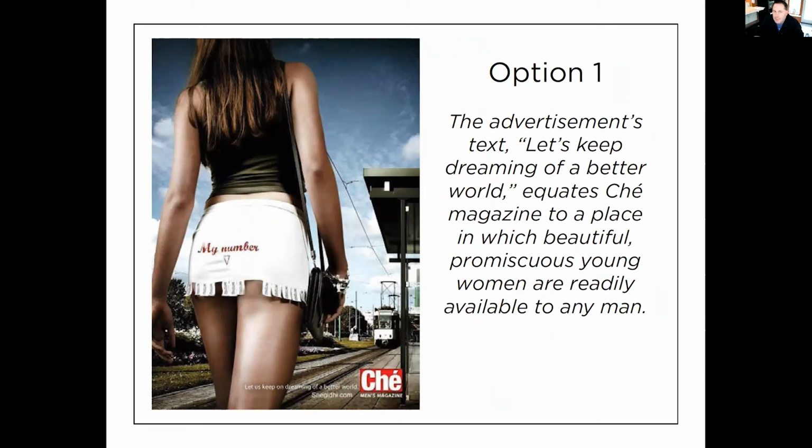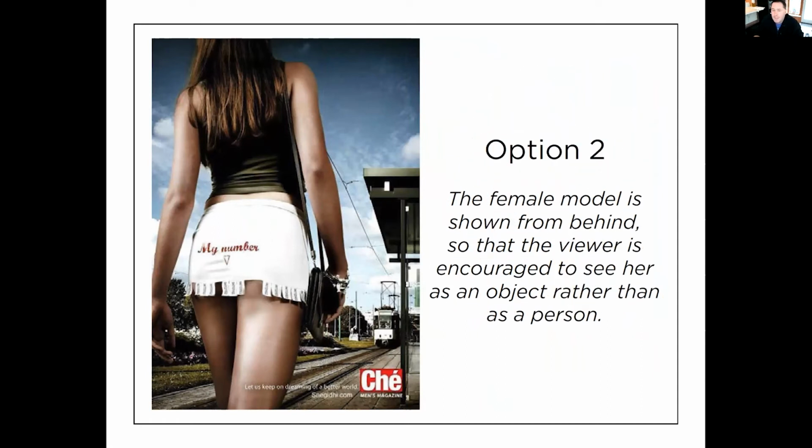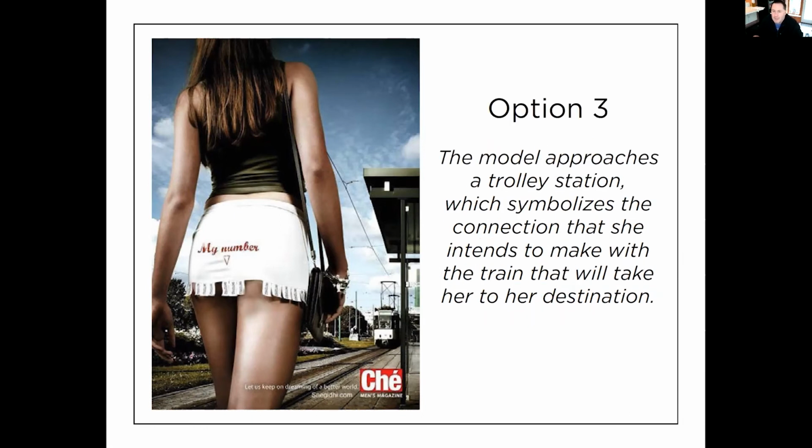Could that be the message here that's being pronounced? Maybe. The female model is shown from behind so that the viewer is encouraged to see her as an object rather than a person. True. Or here, the model approaches a trolley station, which symbolizes a connection that she intends to make with the train that will take her to her destination.